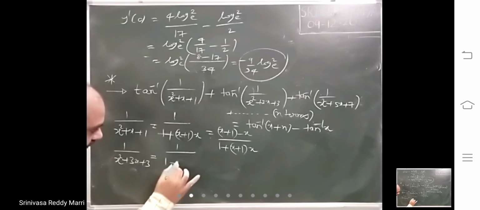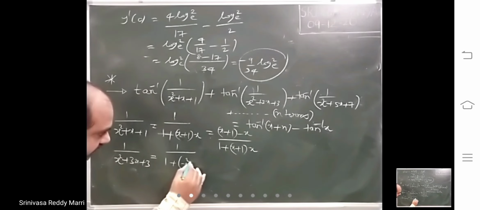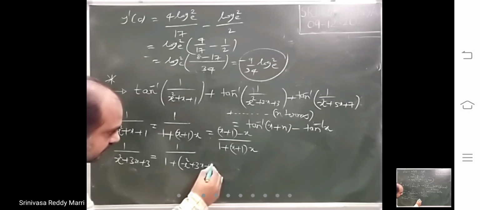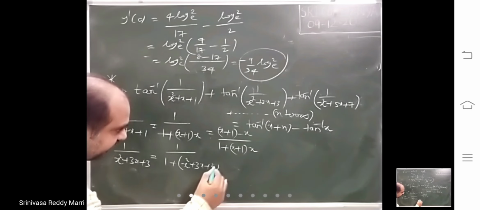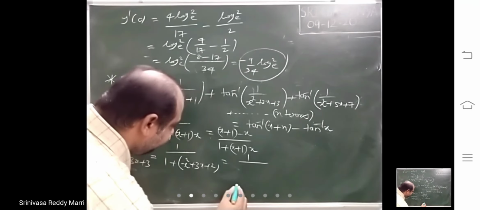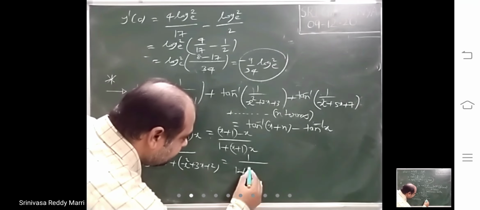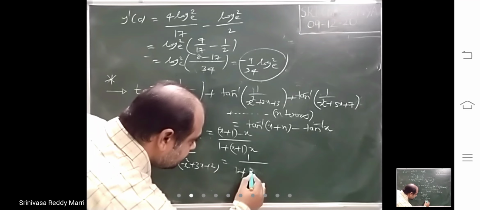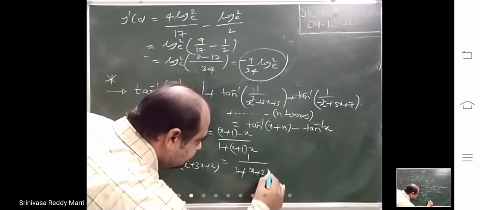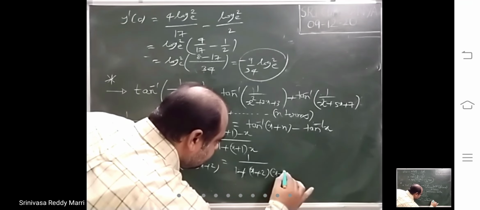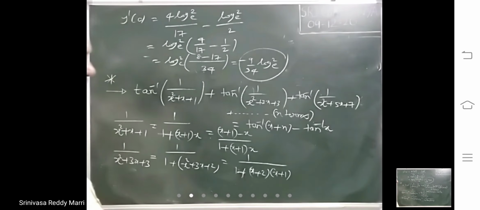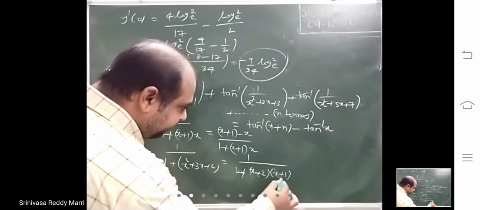1 by 1 plus x squared plus 3x plus 2. Factorize this into a product of 2 factors. So x squared plus 3x plus 2 is (x plus 2) into (x plus 1). If you observe, this is x, this is y, and the difference is 1.